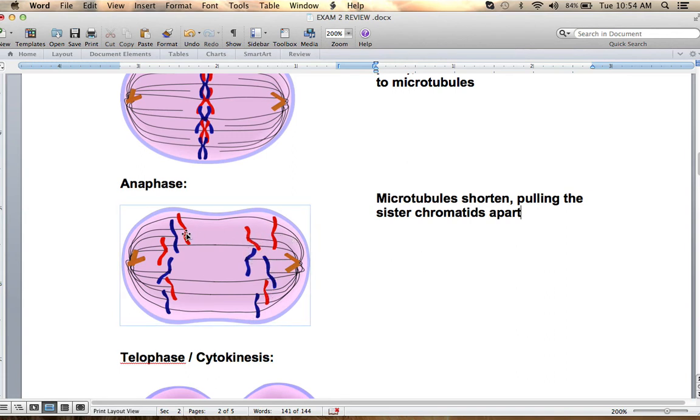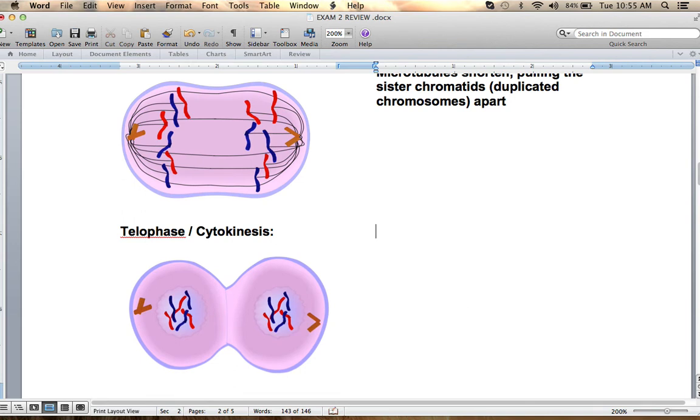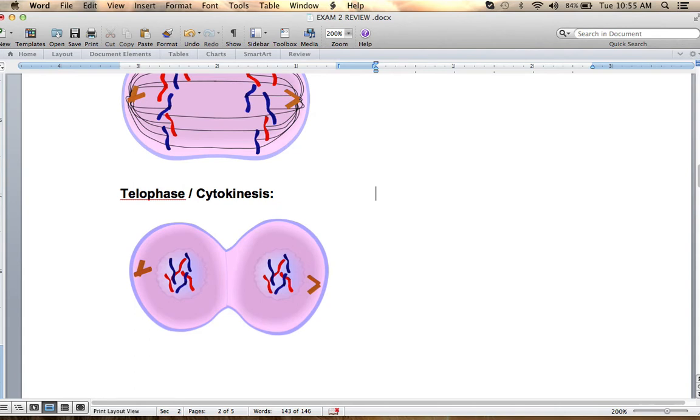So the sister chromatids, which were the duplicated chromosomes, get pulled apart in anaphase. And then the last phase of mitosis is telophase, and this picture kind of shows a combination of telophase and cytokinesis.